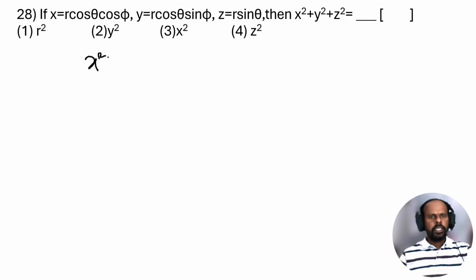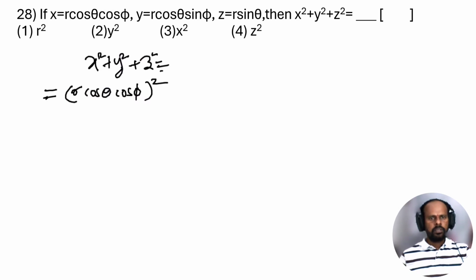So here x equal to r cos theta cos phi is given. Let us add the three results by squaring them. x square equal to r square cos theta cos phi whole square, and y square equal to r cos theta sin phi whole square, and z square, also the third result, r sin theta whole square.